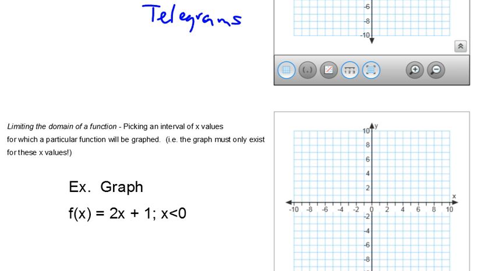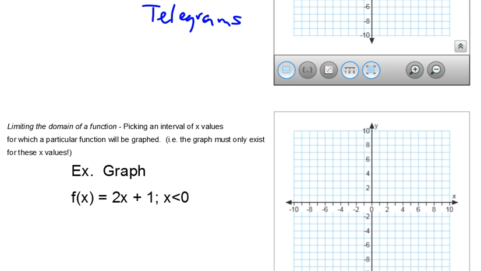Okay, so let's take a look at limiting the domain of a function. Folks, limiting the domain of a function is where you pick an interval for your x values for a particular function that will be graphed. What that means is your graph can only be drawn over these x values. So let's take a look at this problem right here. Suppose I want to graph y equals 2x plus 1, but my domain restriction is x has to be less than 0.